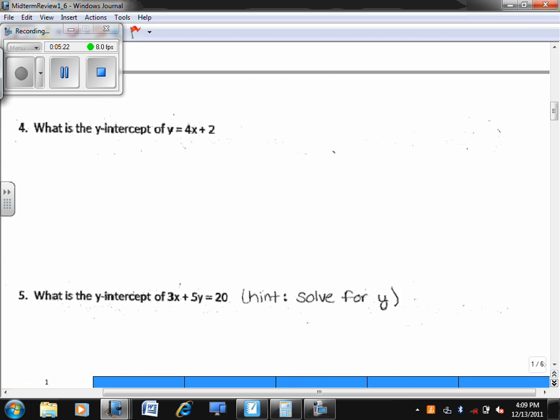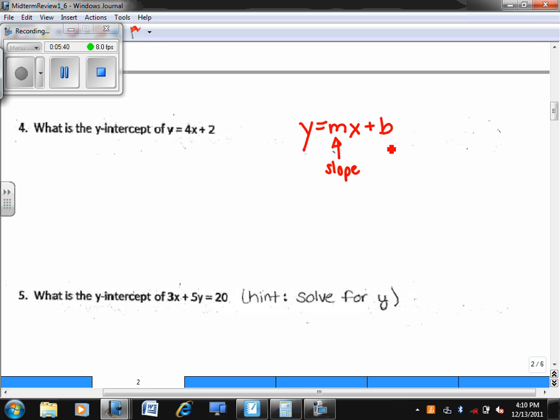Okay, what is the y-intercept of y equals 4x plus 2? Well, if we know the format of a line, y equals mx plus b. In this equation, our m is our slope, and our b is our y-intercept.